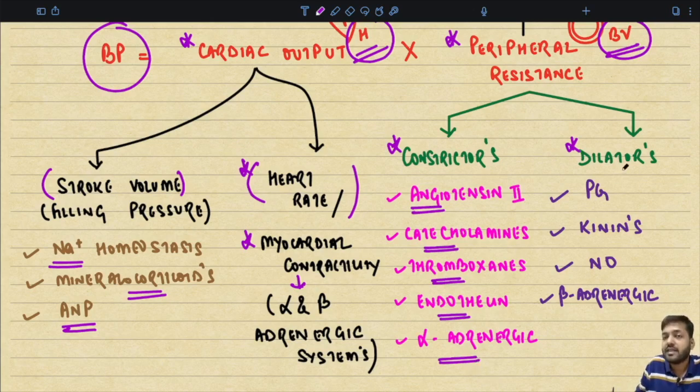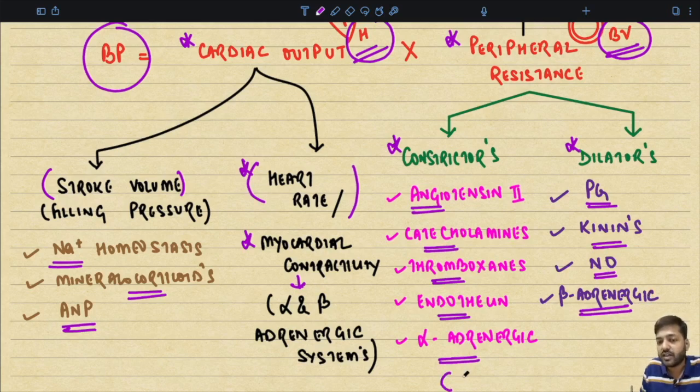Now the dilators at the level of the arterioles are going to decrease the peripheral resistance, and therefore they are going to decrease the blood pressure. For example, the presence of prostaglandins or kinins or nitric oxide and beta adrenergic agonists, all these are going to dilate the blood vessels, and therefore they are going to reduce the peripheral resistance and therefore decrease the blood pressure.